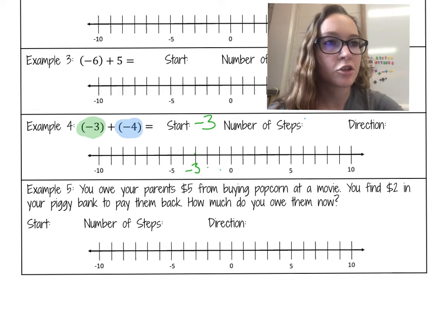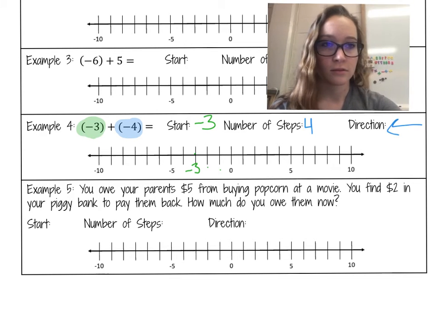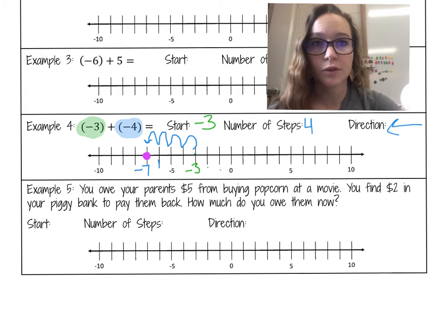So it tells me I'm going to go 4 steps, and negative is to the left. So 4 steps left. So I'm going to go 1, 2, 3, 4. I land at -5, -6, -7. So -3 plus -4 is -7. We're going to box him.